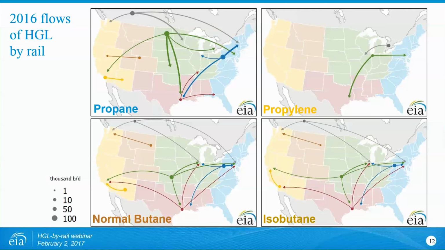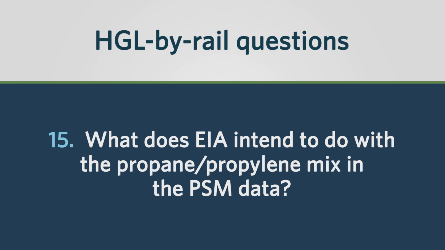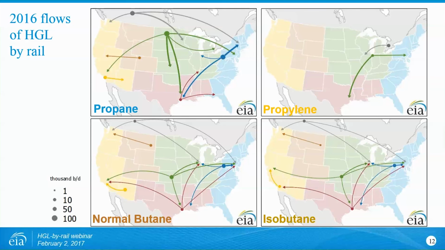There was another question regarding the propane-propylene mix in the PSM data and what we intend to do. As Warren explained at the start, we decided to show the rail data separated, propane versus propylene, because we had the data. Our goal is to ultimately get all alkanes and olefins split out in the Petroleum Supply Monthly and Petroleum Supply Annual data.